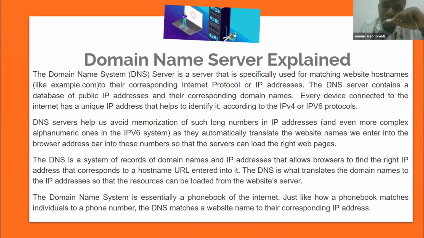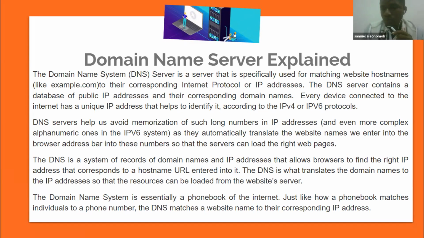Now, it's a lot more complicated than what I've just said. There are a lot of things that come into play in making sure that the domain names match the corresponding IP addresses. I'm going to look at the process in this presentation. Every device connected to the internet has a unique IP address that helps to identify it. Basically, we have two different kinds of IP address.